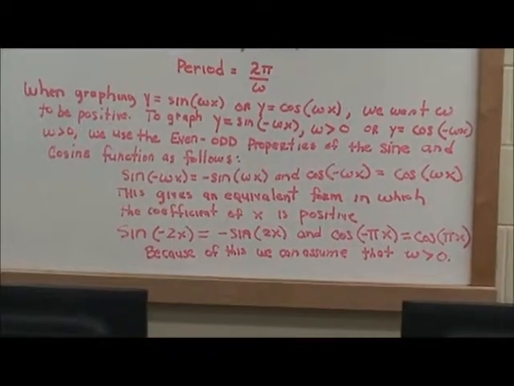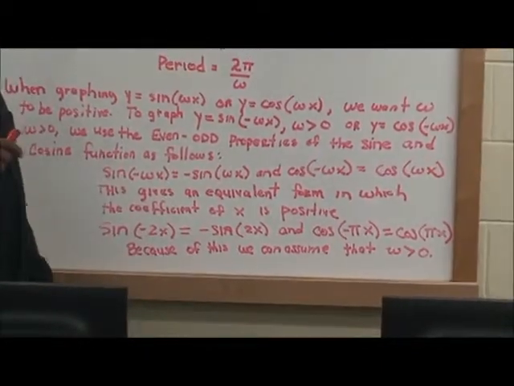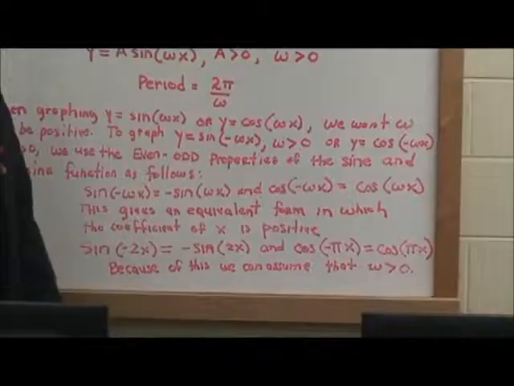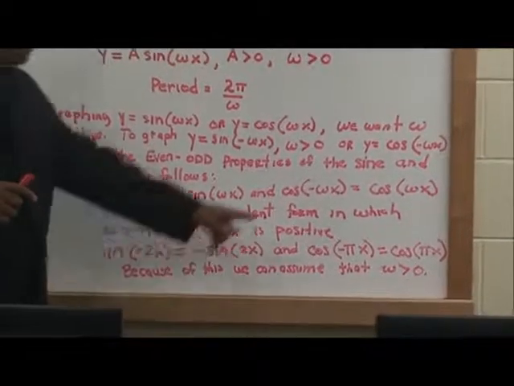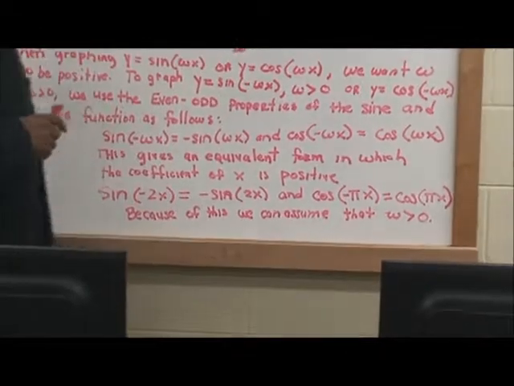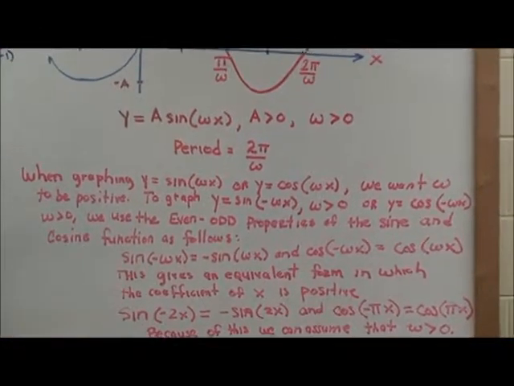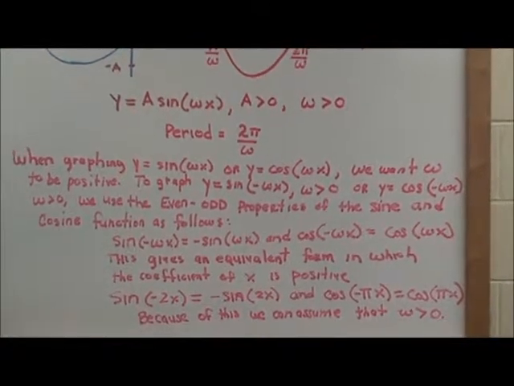Sine of negative omega x is equal to negative sine of omega x, and cosine of negative omega x is equal to, this is an even function, isn't it? Cosine of omega x. This gives an equivalent form in which the coefficient of x is positive, like we said.